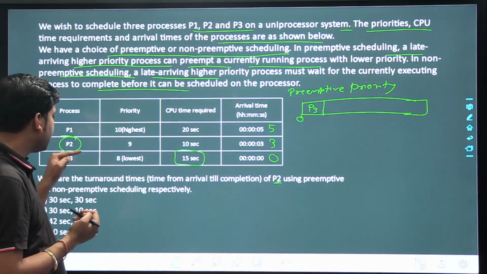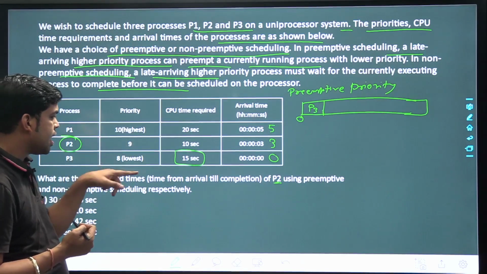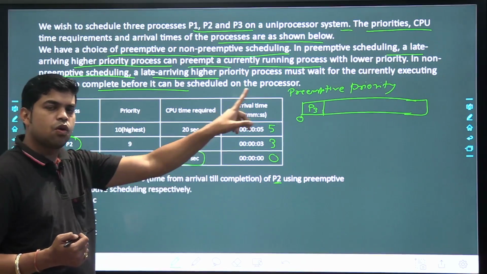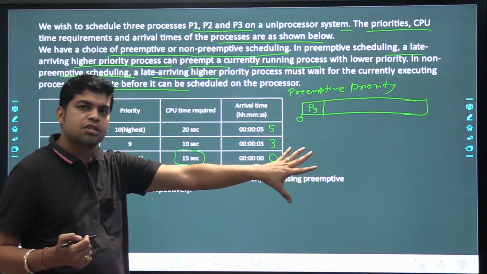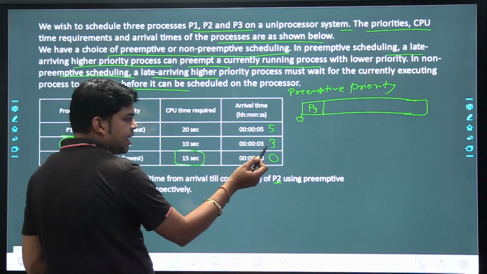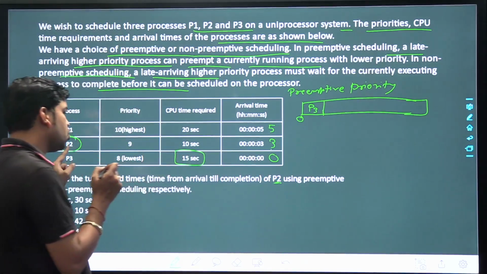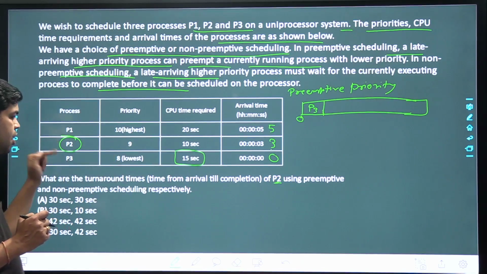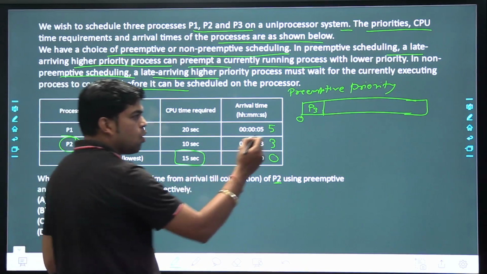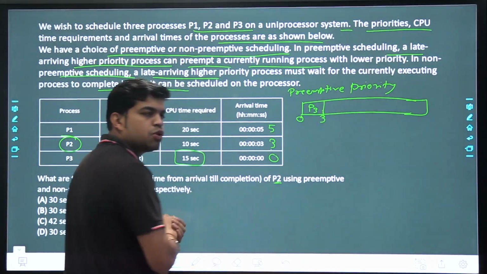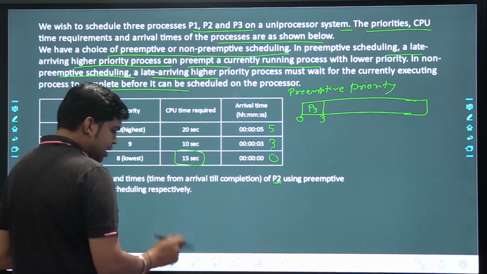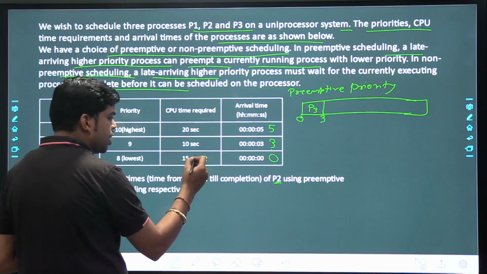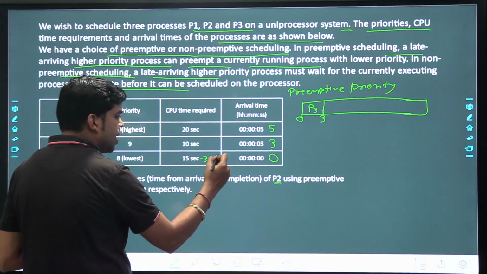But at time 3 the process P2 arrives, and the priority of P2 is greater than P3. So we execute P3 for only 3 units of time, and the remaining time is 15 minus 3, that is 12.